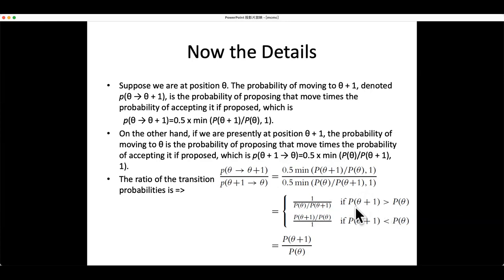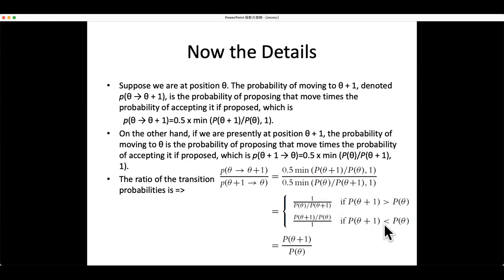So if P of theta plus 1 is larger than P of theta, then the min of this one becomes 1, and you only have this one remaining. So it becomes like this.